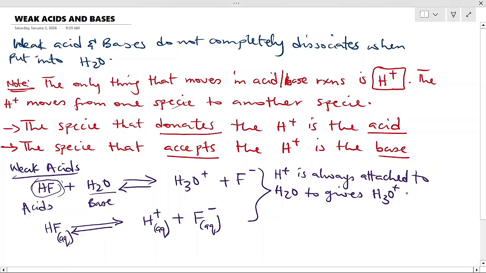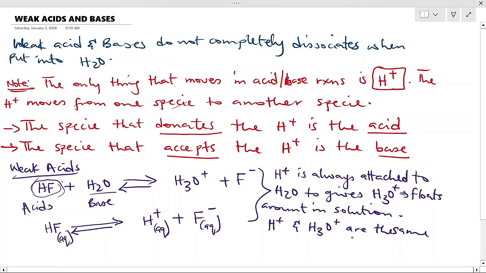All of these float around in solution. As such, H plus and H3O plus are the same thing. Please note that they are the same thing. You either see it as H plus, as indicated here, or you see it as H3O plus.